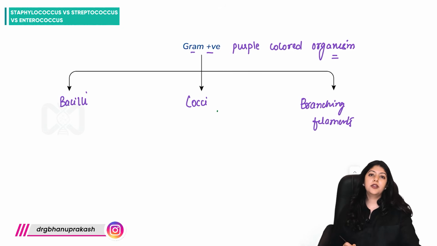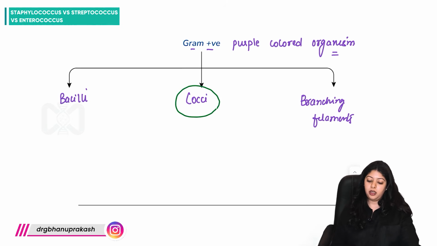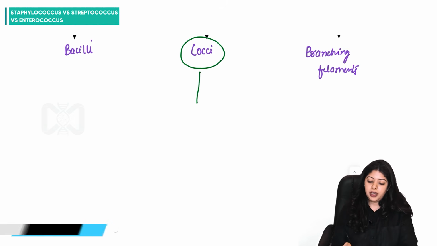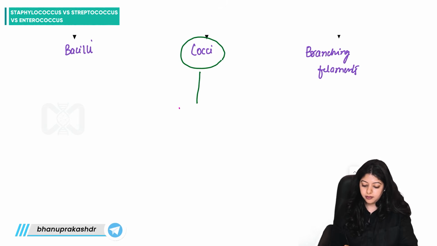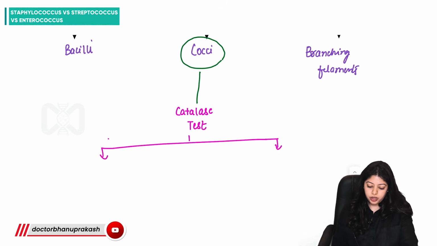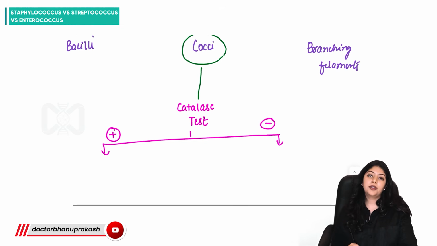Since we are considering cocci, let us stick to cocci. So these are gram-positive cocci. What is the first test that we are going to perform? It is the catalase test. This catalase test can be a positive test and it can be a negative test.